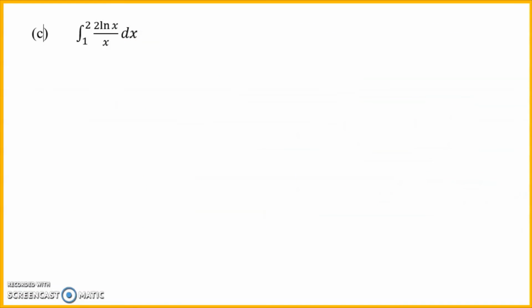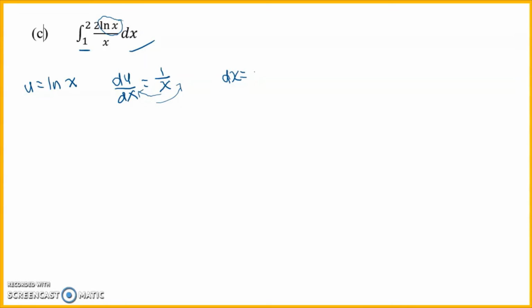Third example, we're going to solve a definite integral with limits. So what we can do here, the problem comes from this ln x. So we will substitute u equal to ln x. Then differentiating ln x gives us 1 over x. So I move the x to the left hand side and move the dx here.